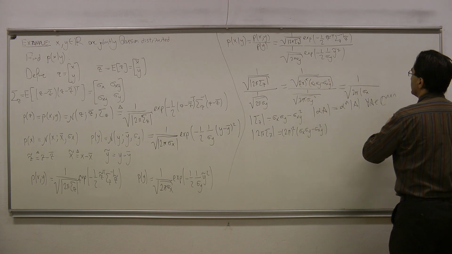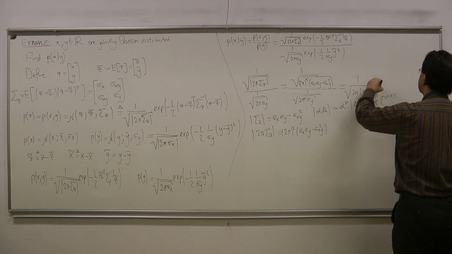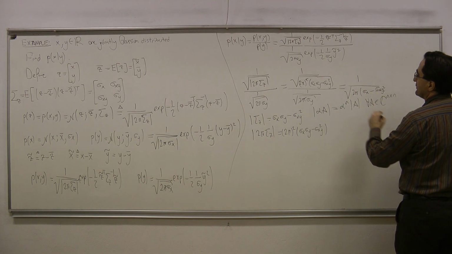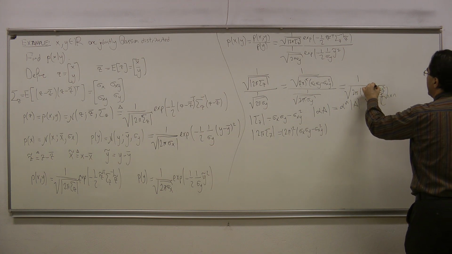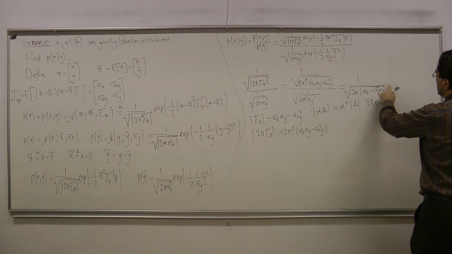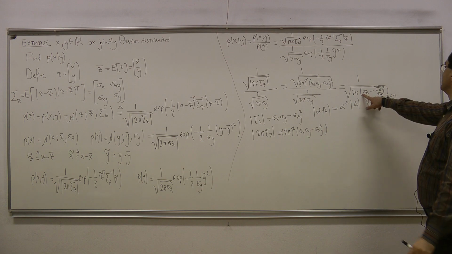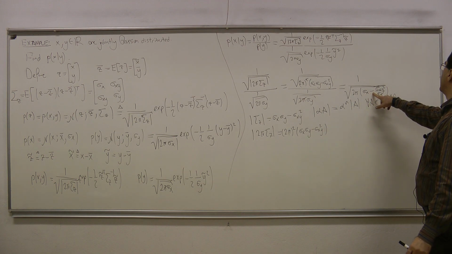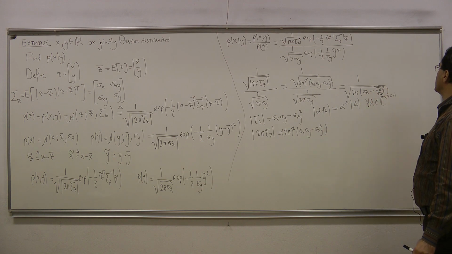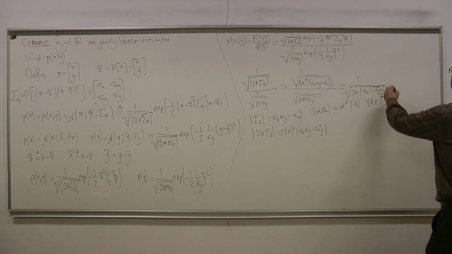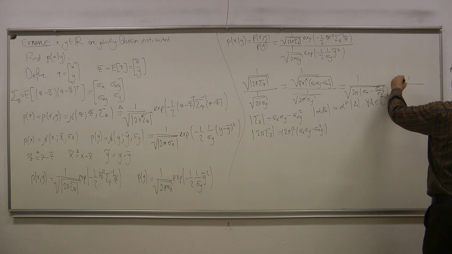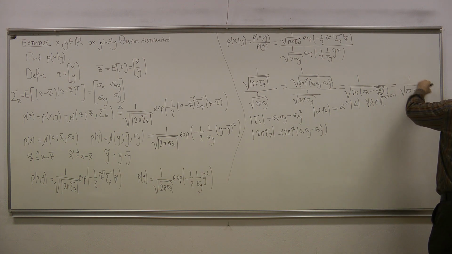It is going to be sigma x minus sigma xy squared divided by sigma y. Okay? I'm just going to call this quantity sigma x given y.